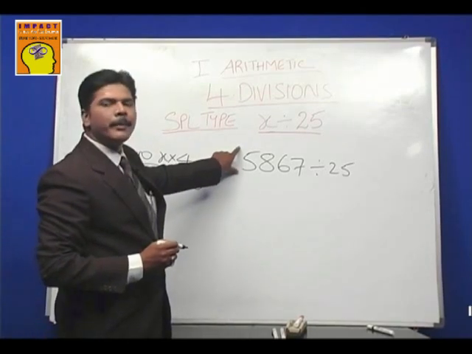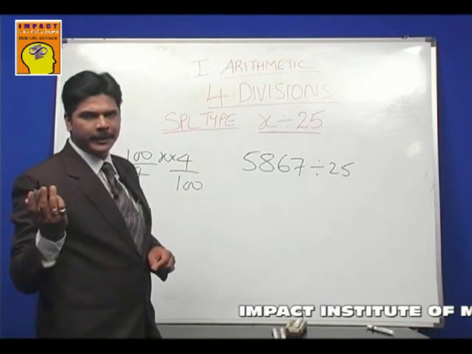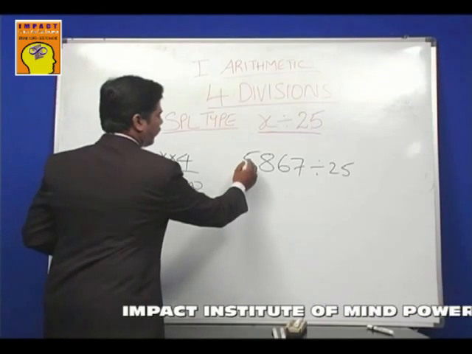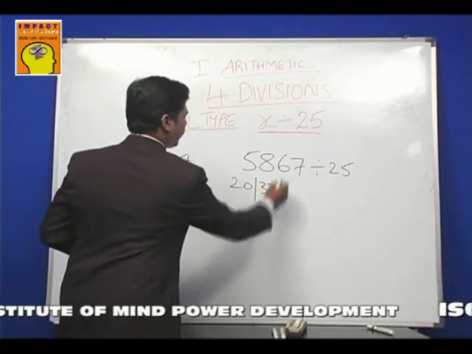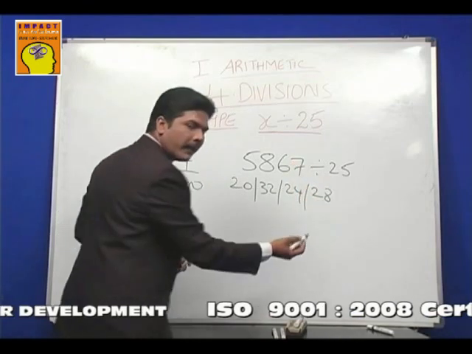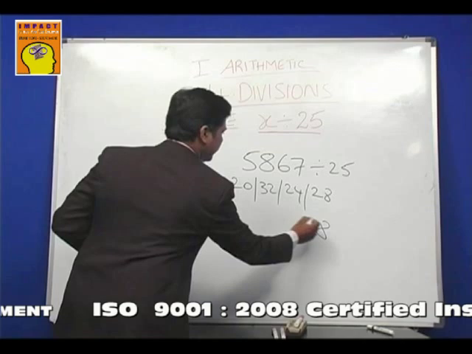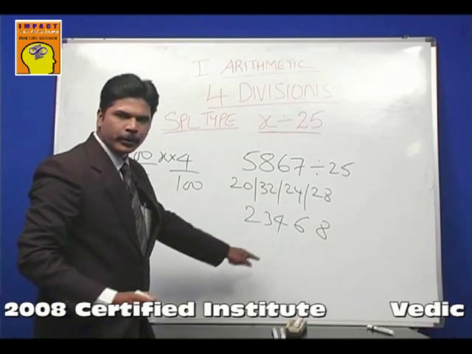So multiply this number by 4. I think you are all aware of the balancing method of multiplication, right? So you can start. 5 times 4 is 20, 4 times 8 is 32, 4 times 6 is 24, 4 times 7 is 28. Now balance it, you get the answer as 23468. I think you all understood the balancing rule.